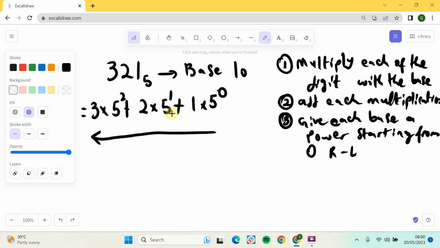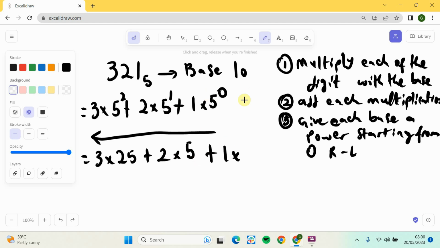Then from the right to the left, we gave each base, the base I'm converting from, in this case base 5, a power, starting from 0. That way I can now expand. So 3 times 5 squared, which is 5 times 5, the same as 25, plus 2 times 5 raised to the power 1, which is 5, plus 1 times 5 raised to the power 0.